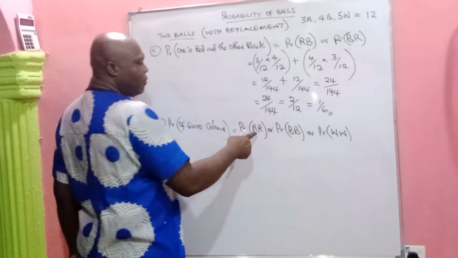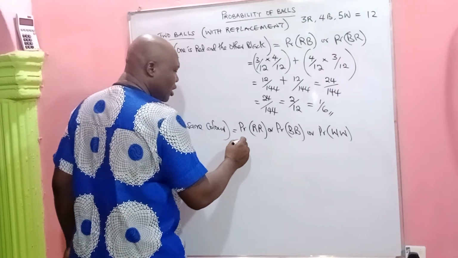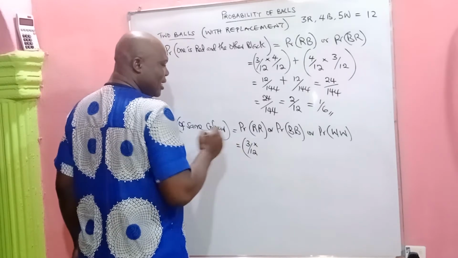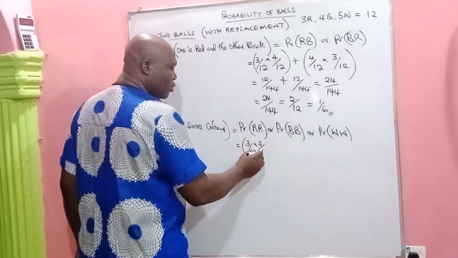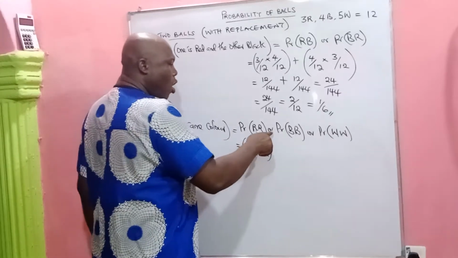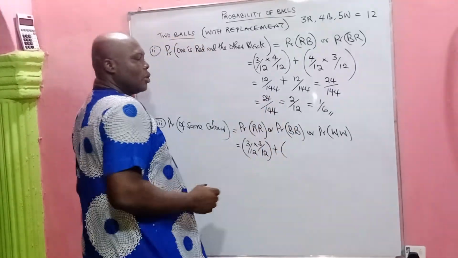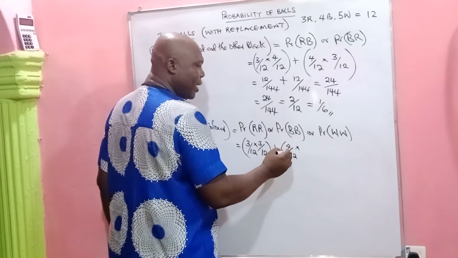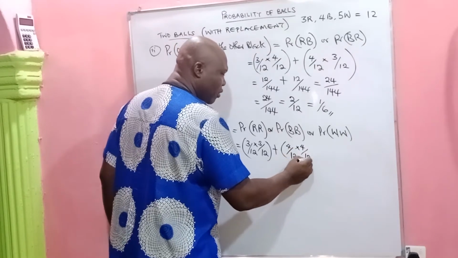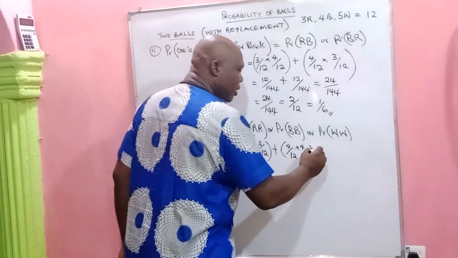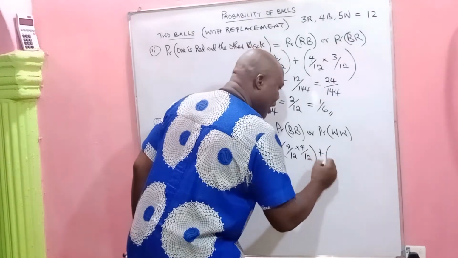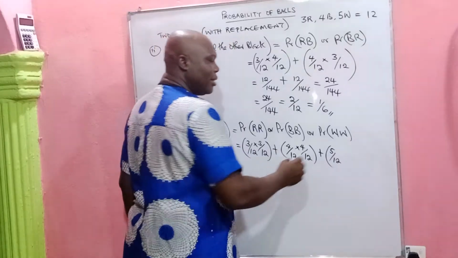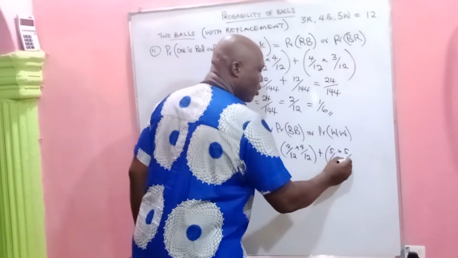The probability of red and red: the first one being red, there are 3 red balls over 12, and the second one being red, there are 3 red balls over 12. Or, meaning plus, the first one being black, 4 over 12, and the second black, 4 over 12. Or plus, the first one being white, 5 over 12, and the second white, 5 over 12.